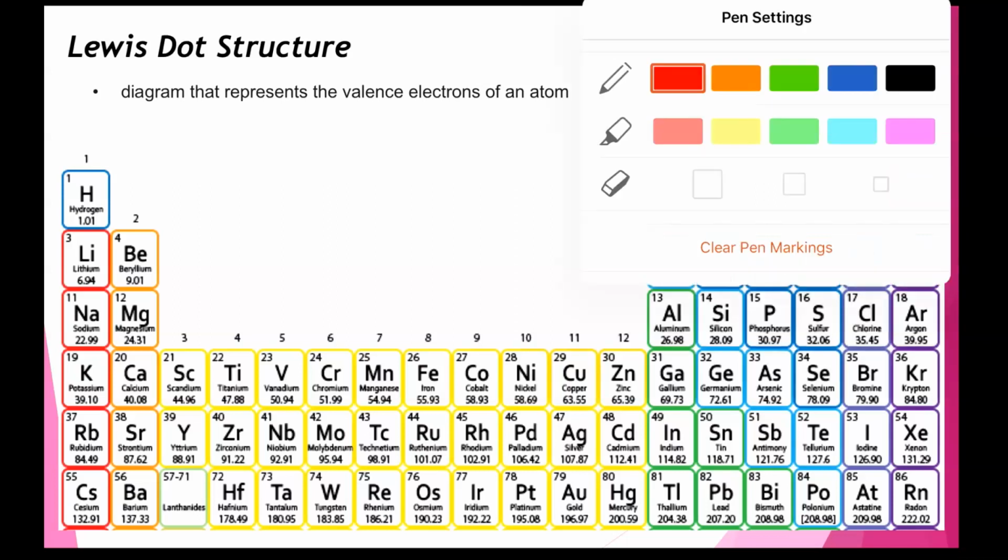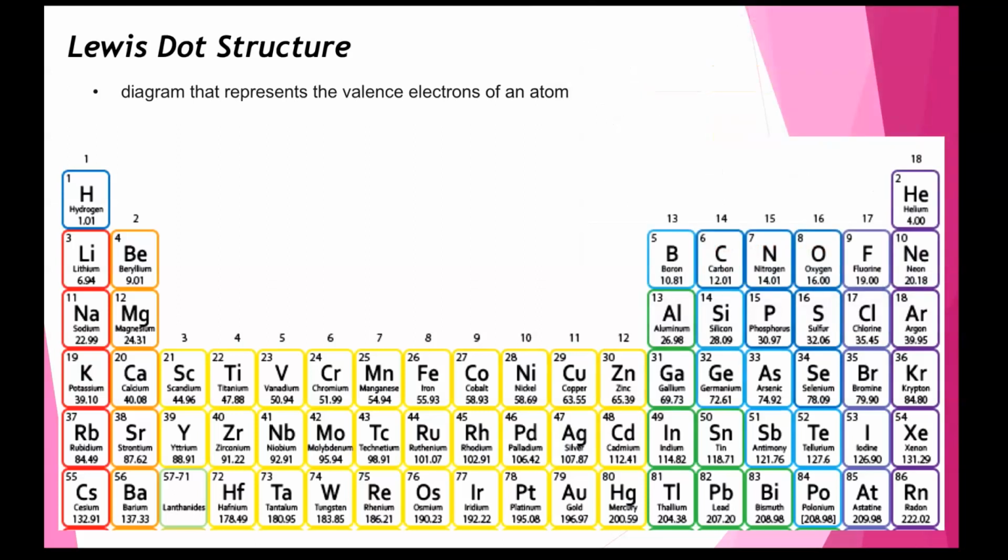So let's say we wanted to write a dot structure for oxygen. Oxygen's chemical symbol is capital O, and it has 6 valence electrons since it is found in group 16. So I'm just going to start putting dots around oxygen. The one thing to note about doing this is that you shouldn't put 2 dots on one side until every side of the chemical symbol has 1 dot.